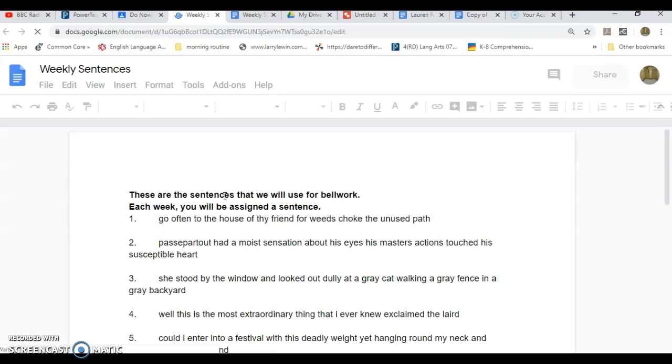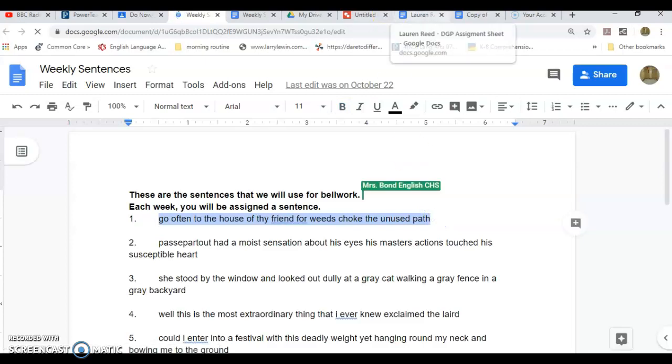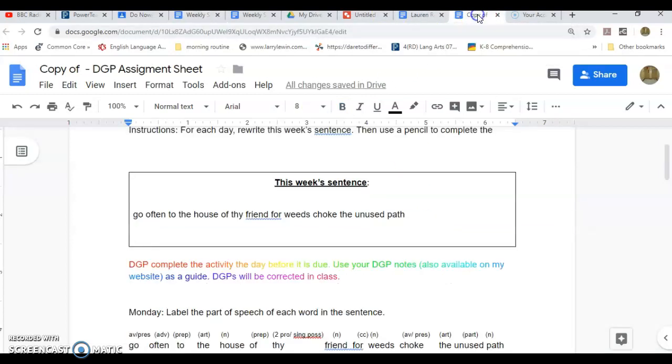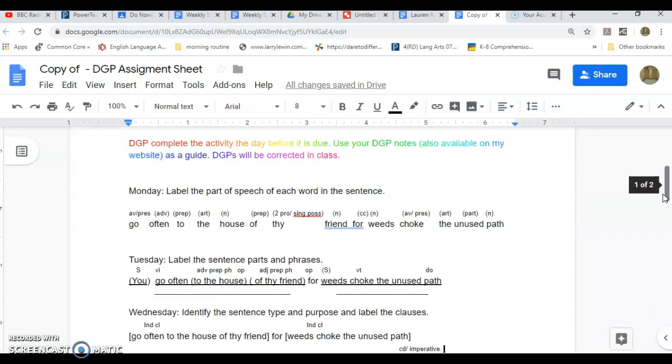I copied, I just went across. I click Control C. I copied it, and then I came back over to my assignment sheet and I pasted it into the sheet. Okay, so a lot of you all are having problems with this, and it's simple.